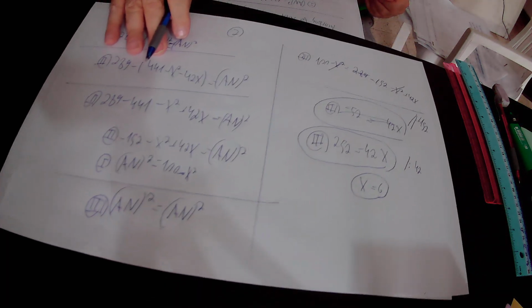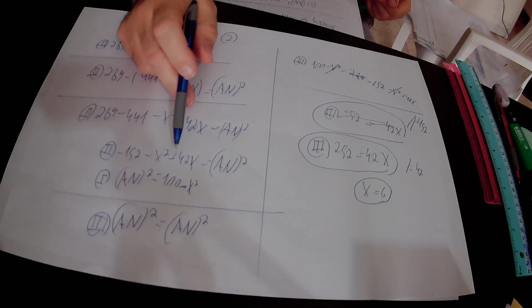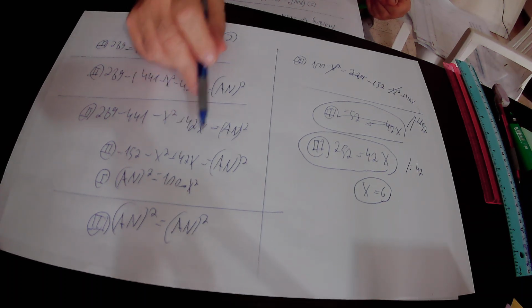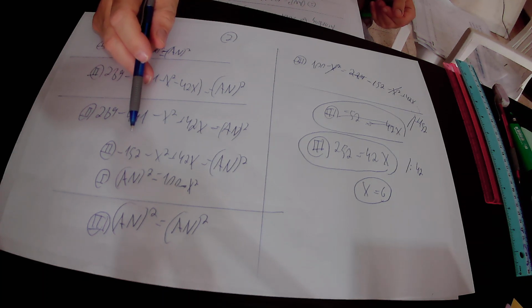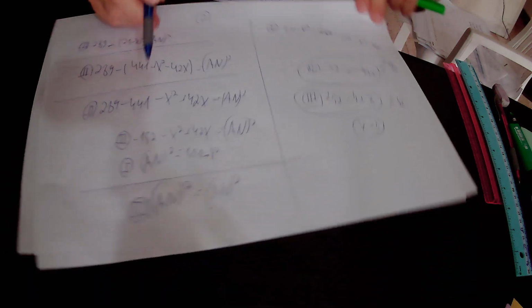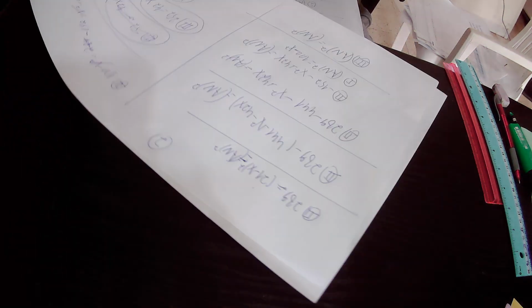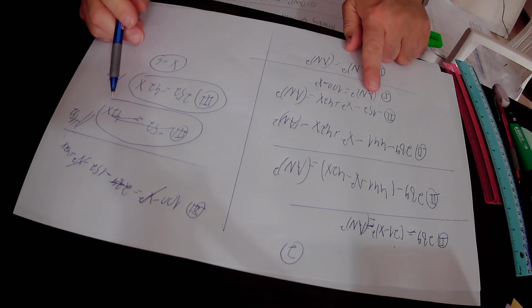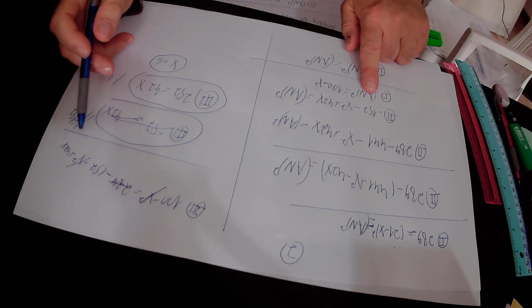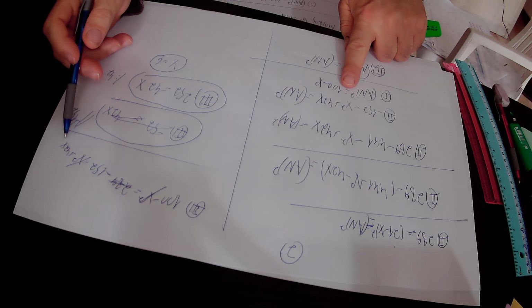So AN squared according to equation 1 is 100 minus x squared, and it must be equal to AN squared according to equation 2, which equals minus 152 minus x squared plus 42x.